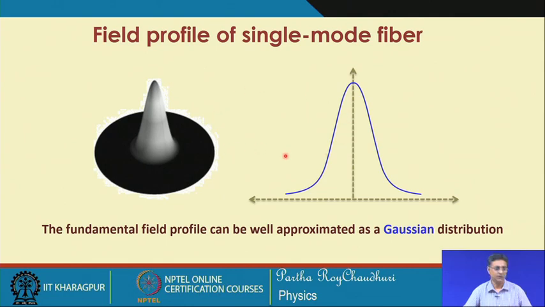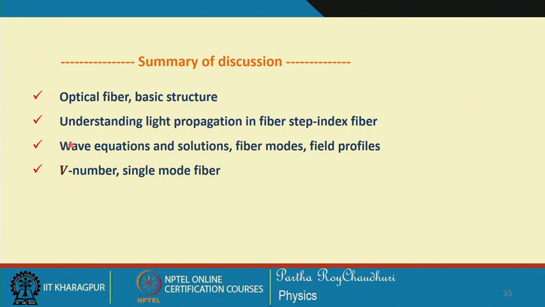With this background, we will discuss the coupling characteristics of optical fibers and how these fiber couplers are useful in telecommunication and photonics, which we will be discussing on the next occasion. So, we have discussed the basics of optical fibers, the mode properties, wave equations and solutions, fiber modes. We will continue with fiber couplers and other coupling mechanisms existing in optics.